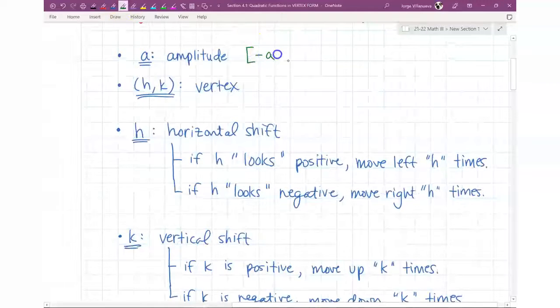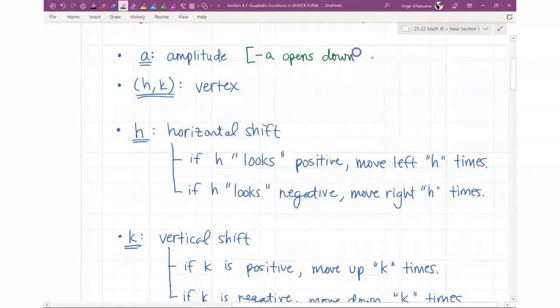A negative A opens down. A positive A opens up. I forgot to list that for you guys, so go ahead and write that down. So if it's a negative A, it's going to open down, like an upside down U. If it's a positive A, it's going to open up.